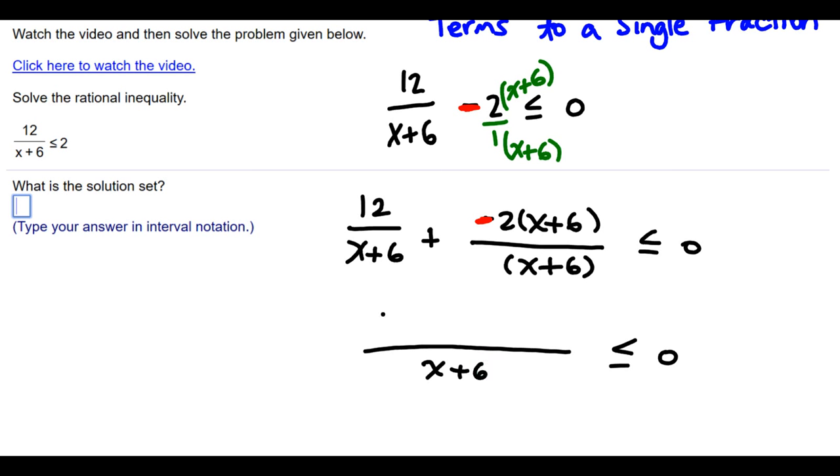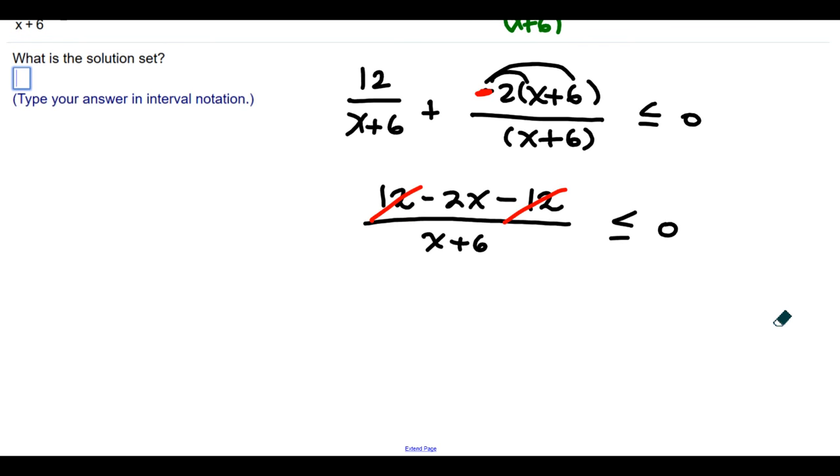I'll have the 12 from the first term, and then I'm just going to distribute so that I have negative 2x minus 12. And the 12 and the minus 12 cancel each other out. So finally, I have this equivalent inequality like that. So that completes step number 1.